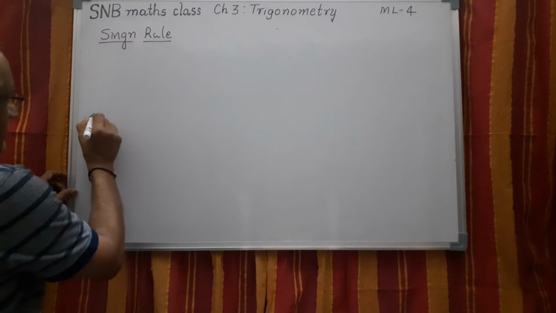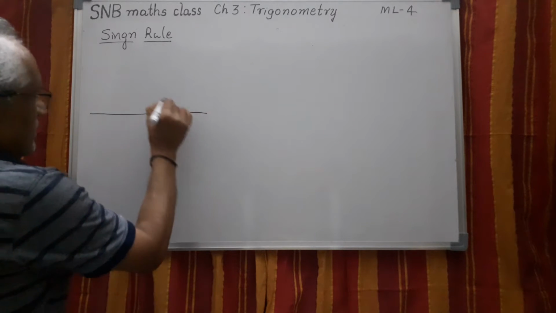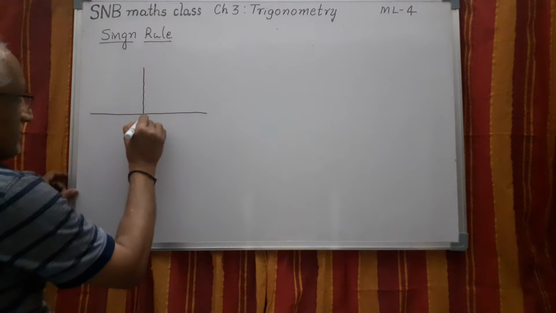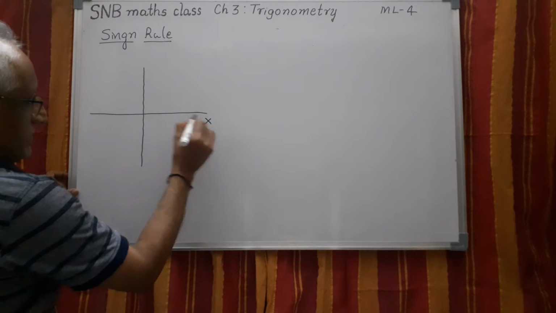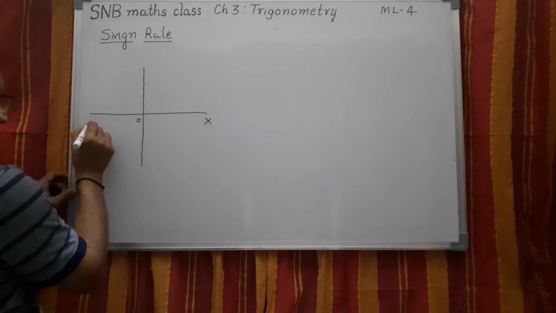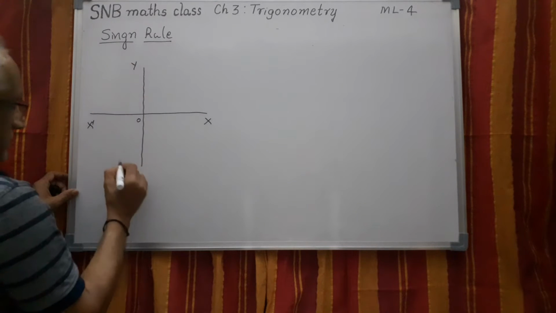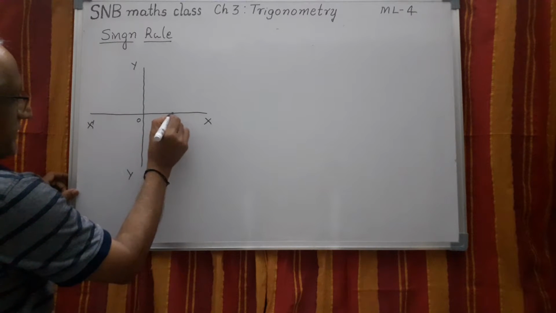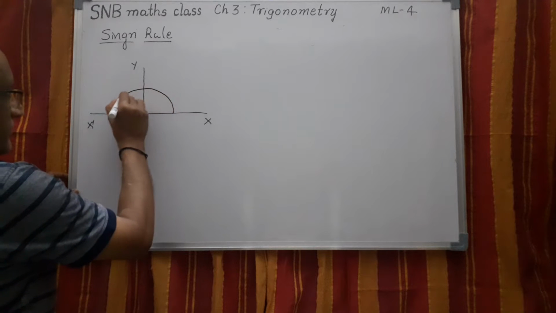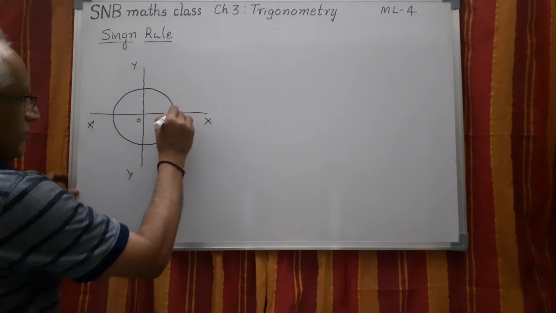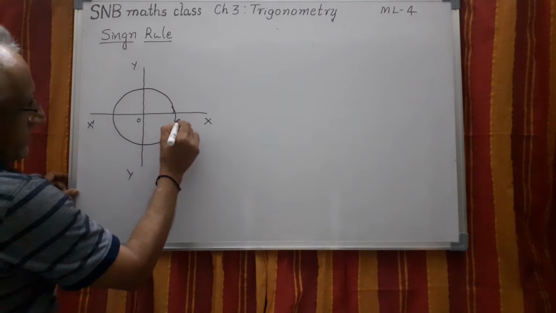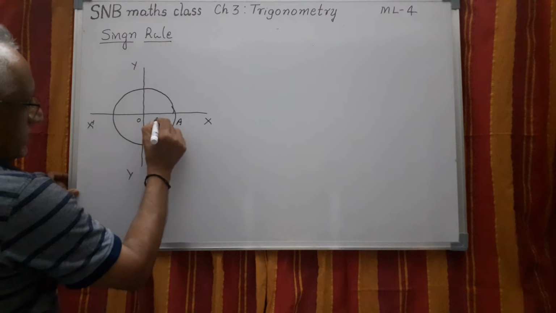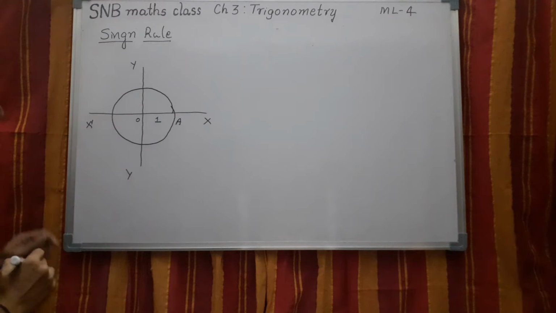Let us consider a unit circle. So this is the coordinate system. Let us say this is A. So this radius is 1.